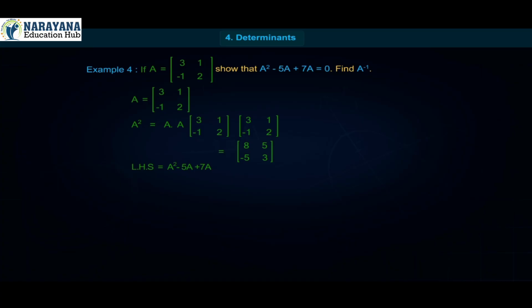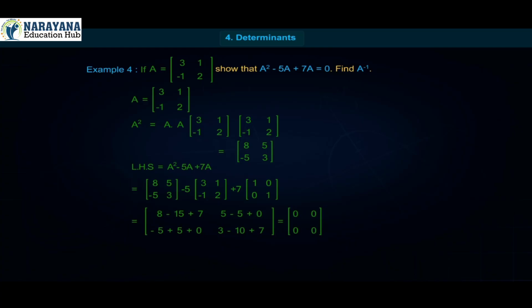Left hand side is equal to A square minus 5A plus 7I is equal to matrix [8, 5; -5, 3] minus 5 into matrix [3, 1; -1, 2] plus 7 into matrix [1, 0; 0, 1] is equal to matrix [8 minus 15 plus 7, 5 minus 5 plus 0; -5 plus 5 plus 0, 3 minus 10 plus 7] is equal to matrix [0, 0; 0, 0].